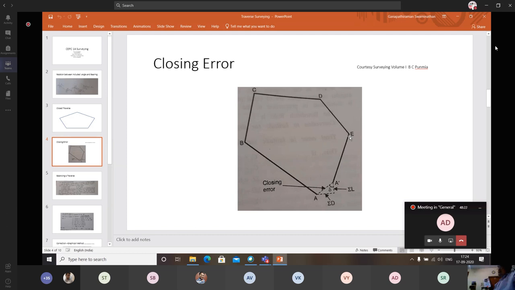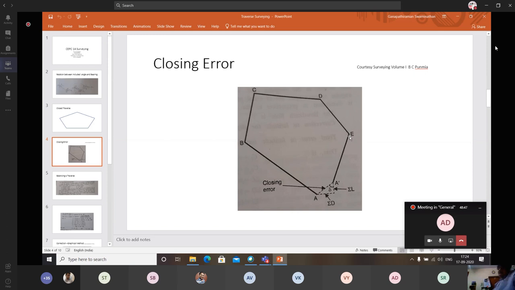Which quadrant does the error lie in? Third quadrant, sir. Third quadrant. Okay, theta is measured as delta D by delta L.